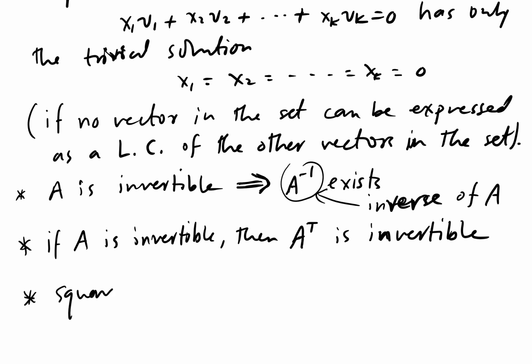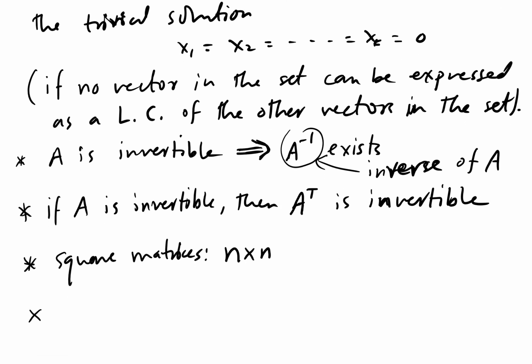We had people ask about square matrices. What do you mean by square matrices? Square matrices are the n by n matrices. They have the same number of rows and columns, like 2 by 2, 3 by 3, 1 by 1, 20 by 20. Those are called square matrices. Those are all a lot of things I wanted to recall.